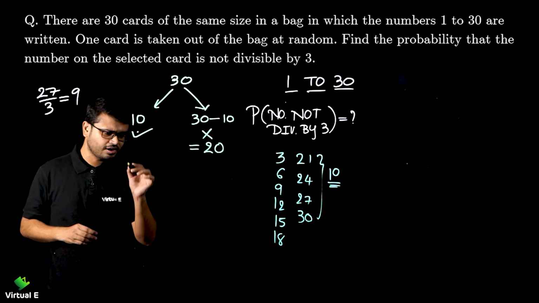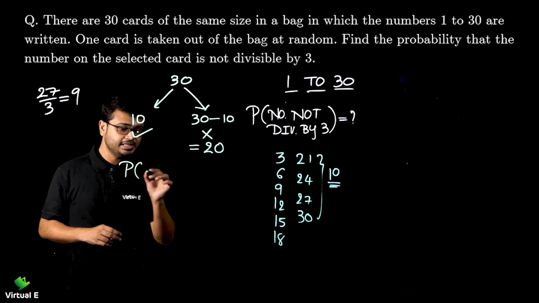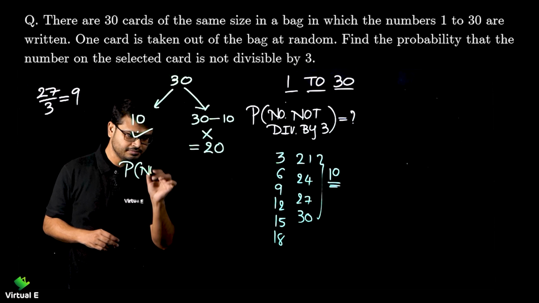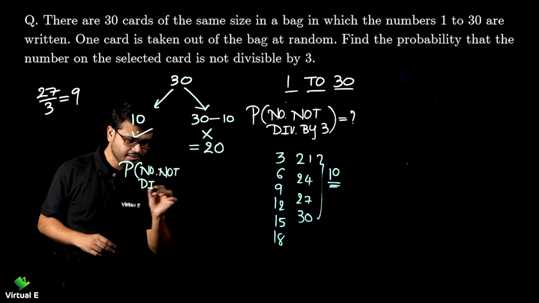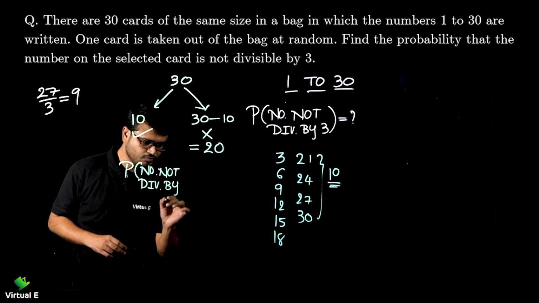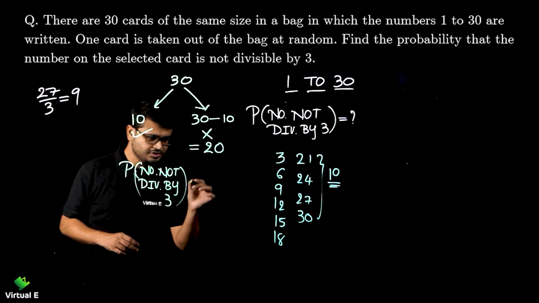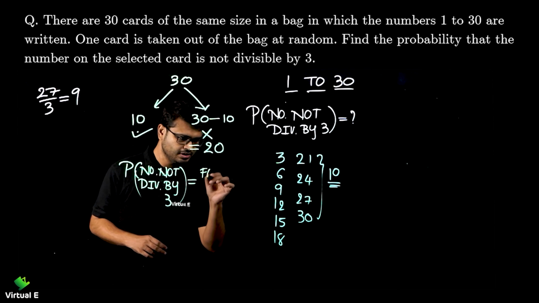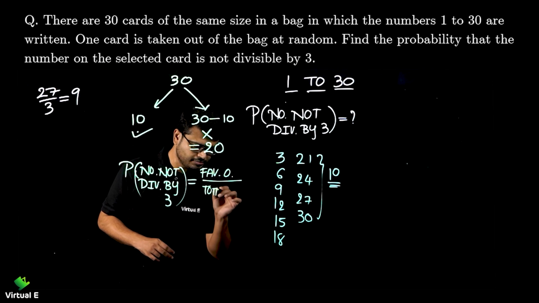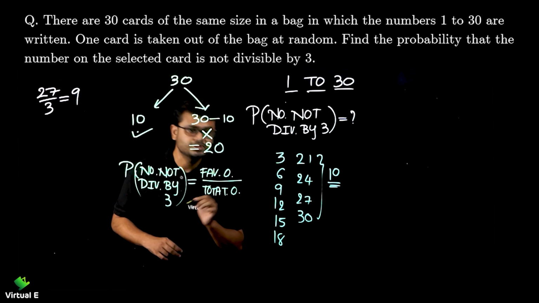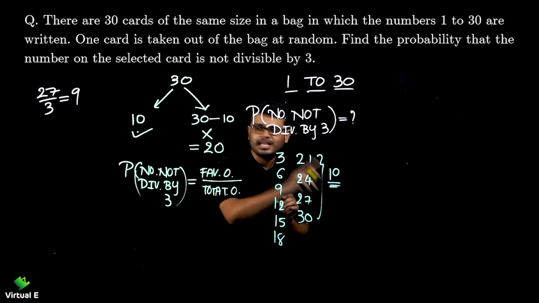So let's go for our answer, the probability that the number is not divisible by 3. This is what we are interested in, right? So favorable outcomes over total outcomes. Favorable outcomes, is it 10 or 20?